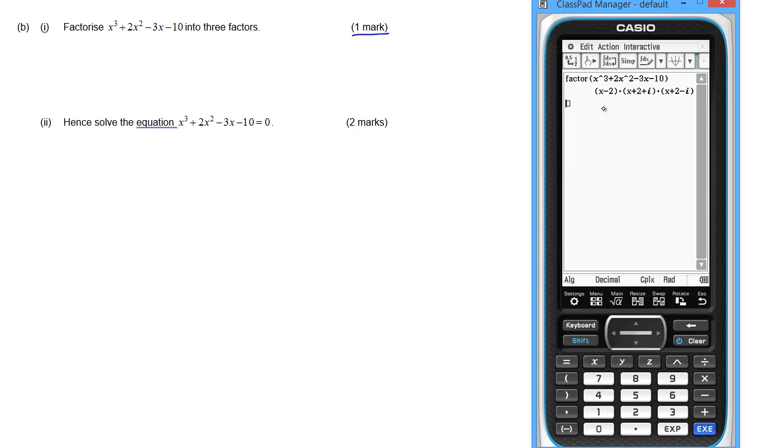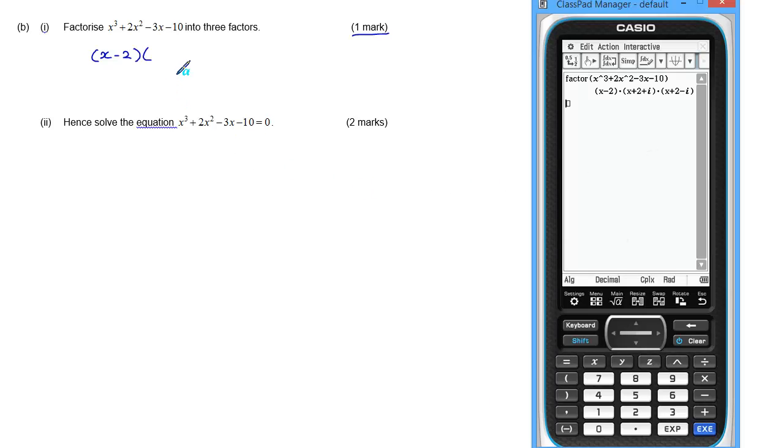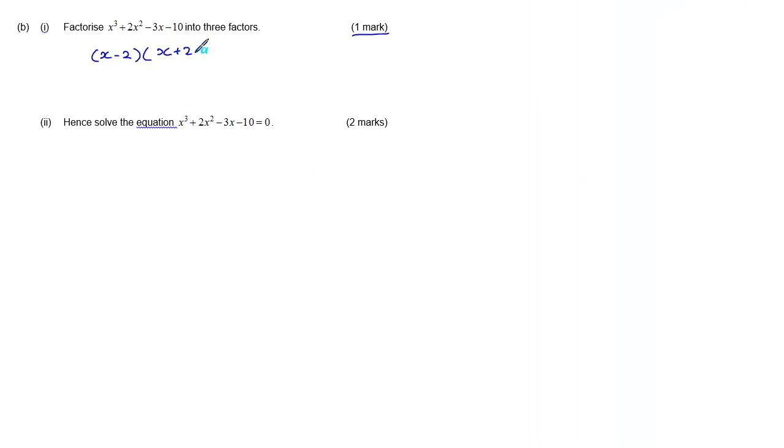And if we do that, we get x minus 2, x plus 2 plus i, and x plus 2 minus i. And then we do have 3 factors.